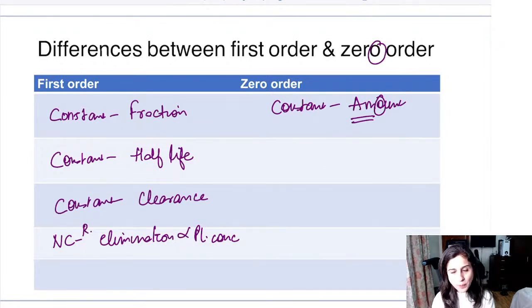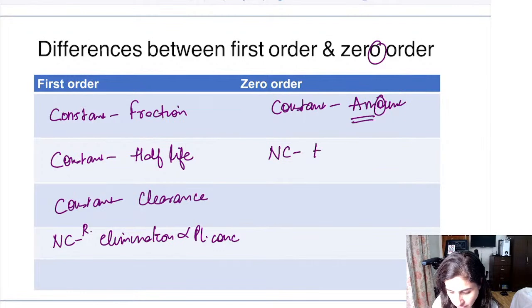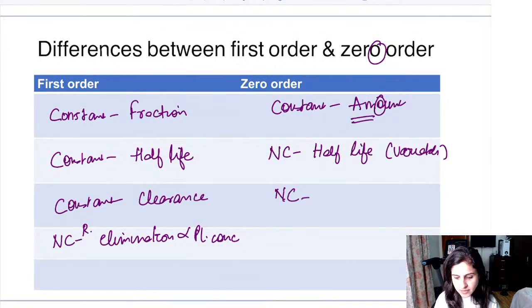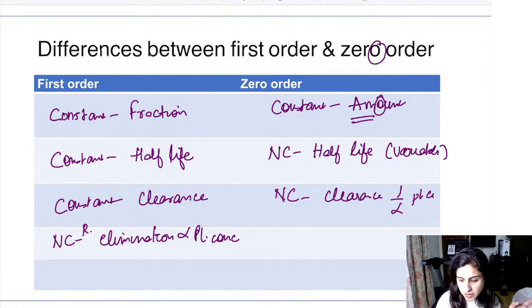Now let's do the opposite here. In zero order, half-life is not constant. It is variable, not constant. Clearance is not constant. Opposite should happen. So clearance is not constant. It is inversely proportional to the plasma concentration.